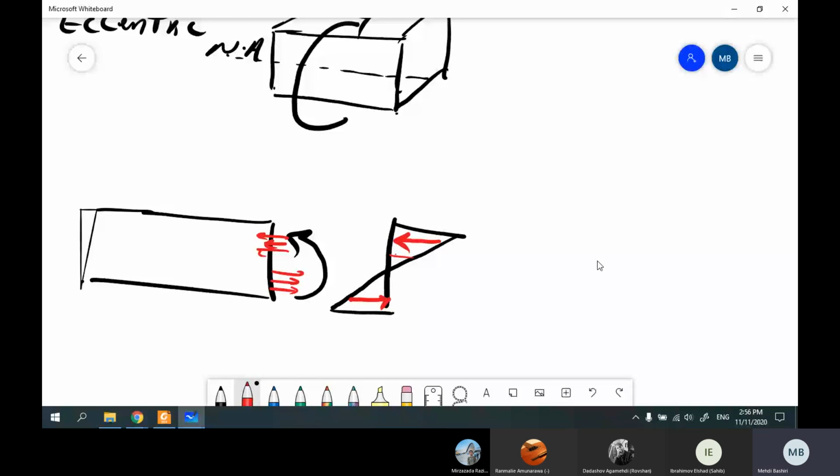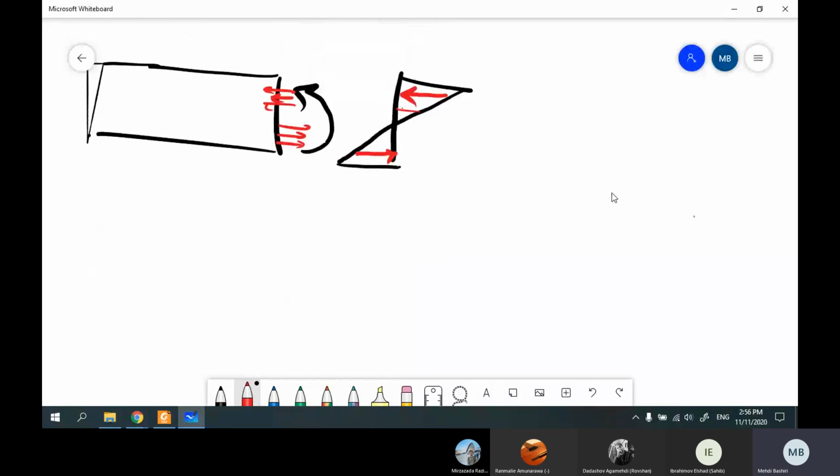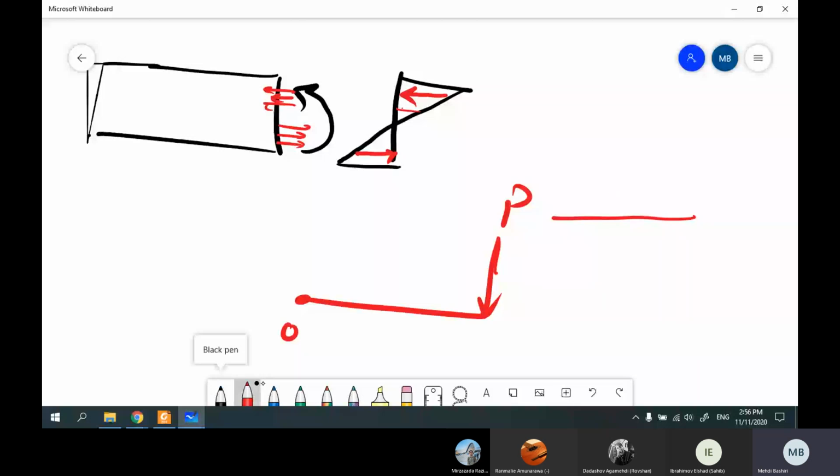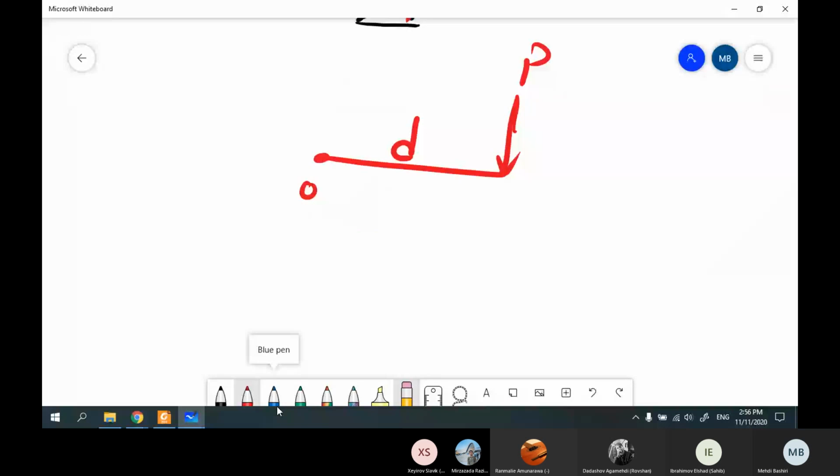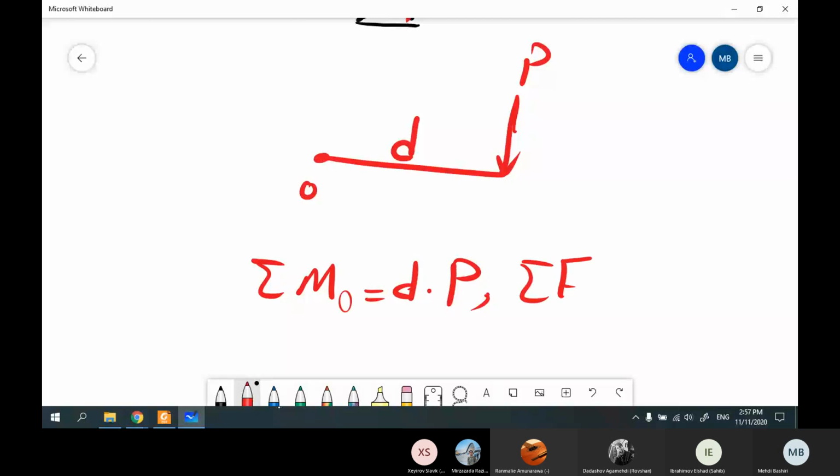If you remember, we talked about eccentric loading. I think you all remember that equation. For example, this is origin O and this is force P with a distance of D. What is sigma M_O? Sigma M_O is equal to D dot P. And what about sigma Fx and sigma Fy?